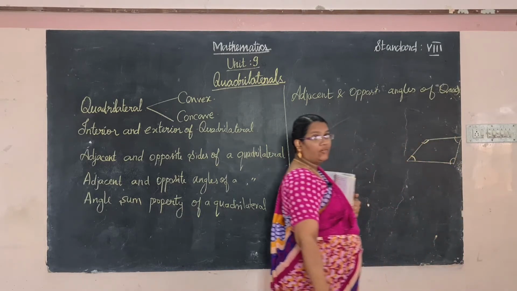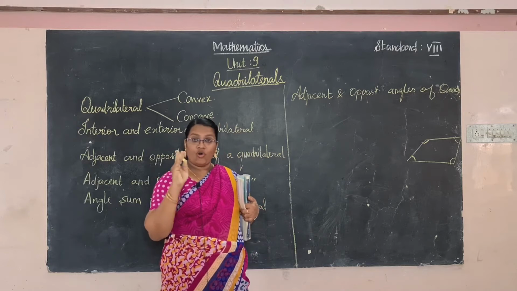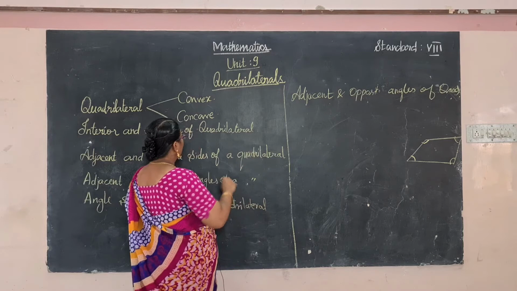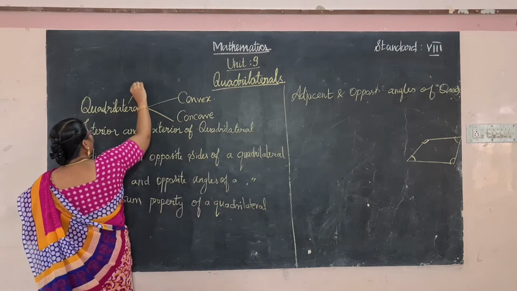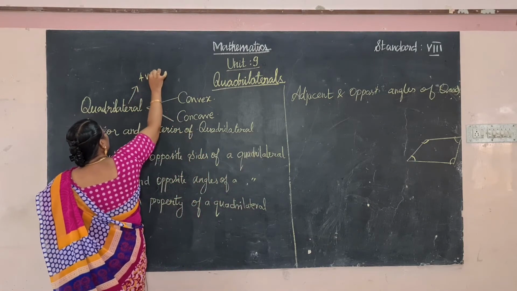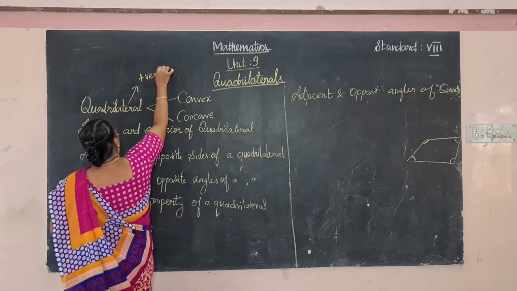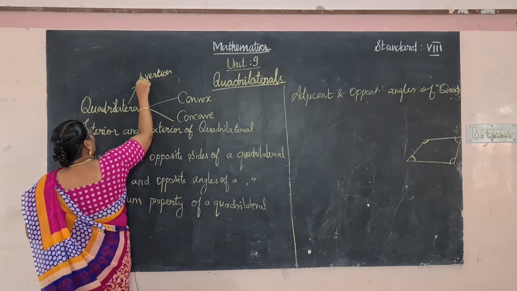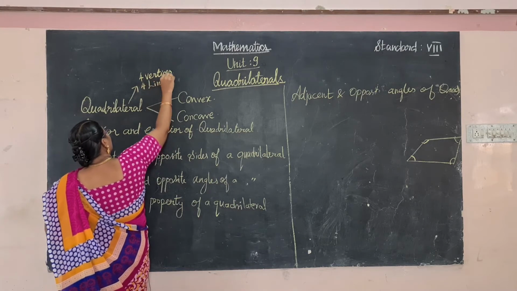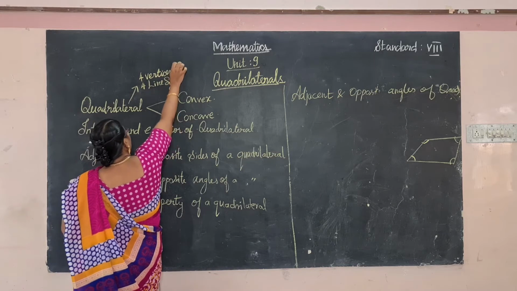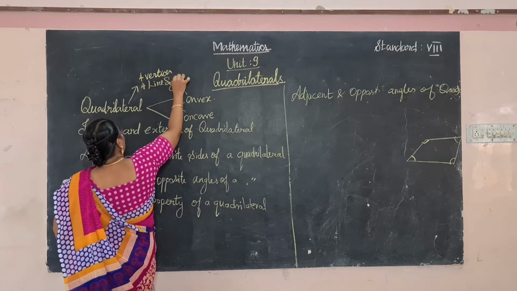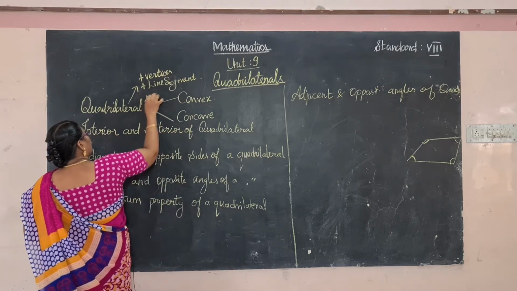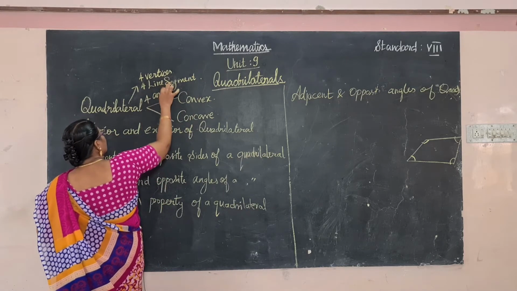A quadrilateral has 4 vertices, 4 line segments, 4 angles.